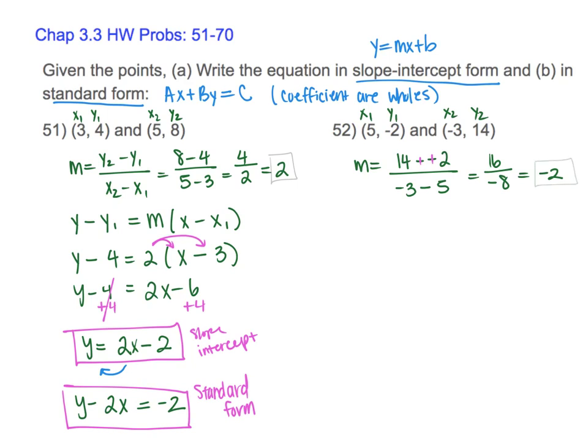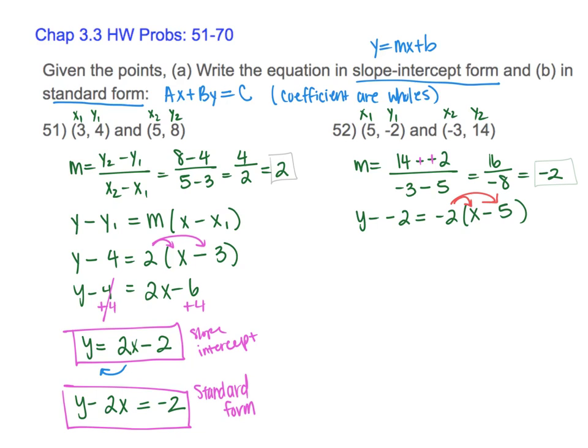So I have my slope now. Now I'm going to use that point slope formula. So y minus y1, which I'm going to use this number here, negative 2, equals negative 2 times x minus my 5, which is my x1 that I'm going to plug in. And so from here, I'm going to distribute a negative 2.